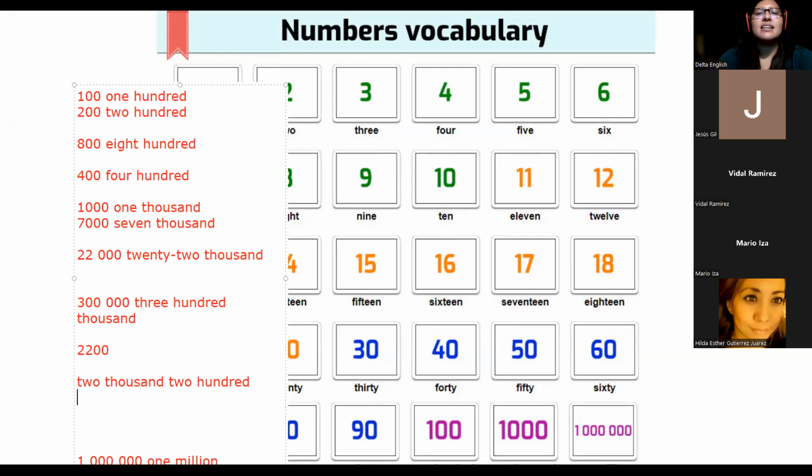Entonces, fíjense lo que hacen. En lugar de separarlo así, hagan de cuenta que hacen esto. 2,200. So, if I told you guys this number, ¿qué será?